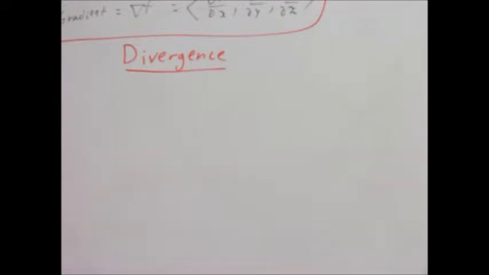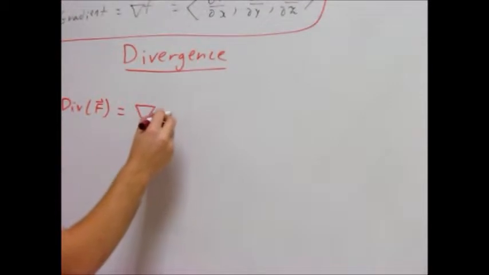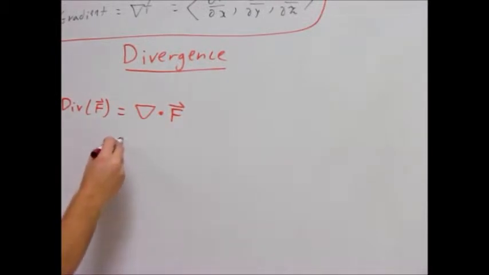In fact, let me just write it right now. The divergence div f of a vector field is the dot product of del with f.